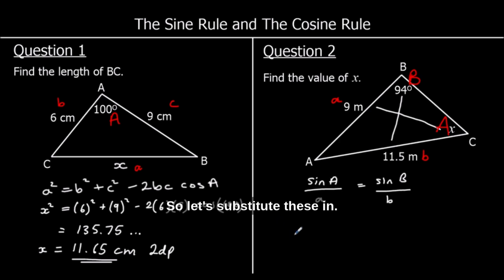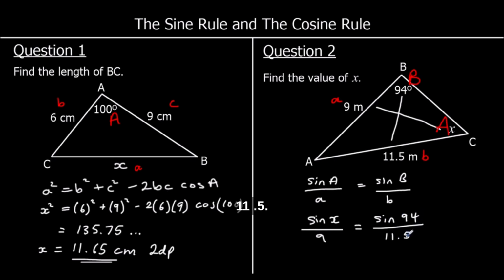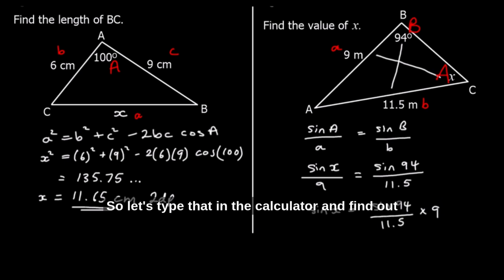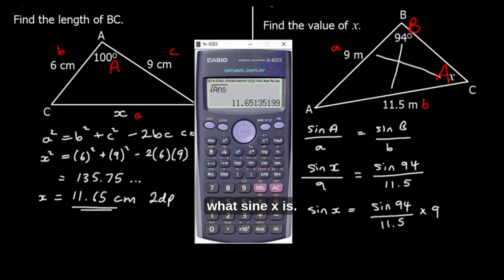So let's substitute these in. We've got sine x over 9 equals sine 94 over 11.5. So to get sine x by itself, multiply both sides by 9. So sine x is equal to sine 94 over 11.5 times 9. So let's type that in the calculator and find out what sine x is.